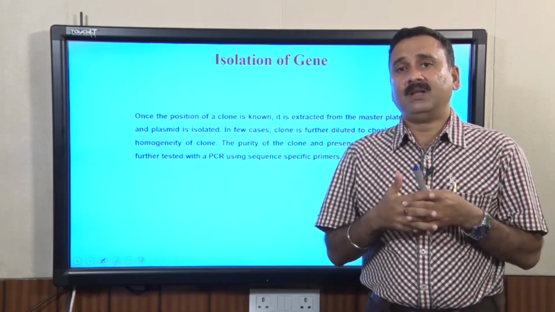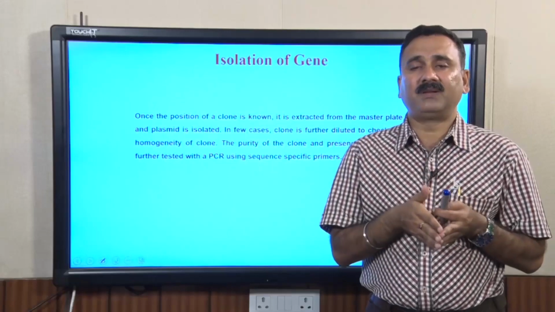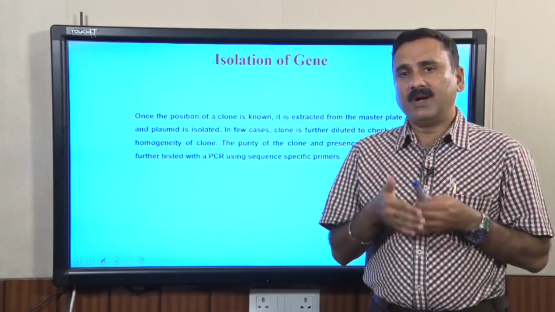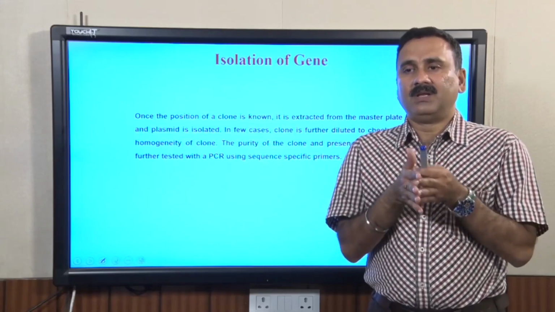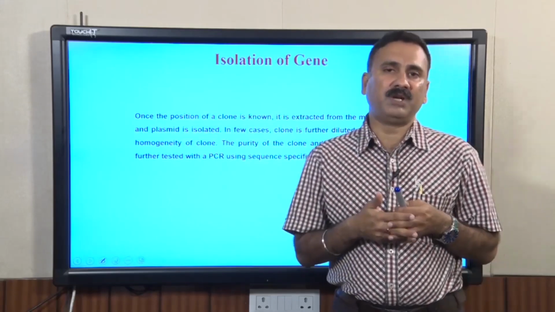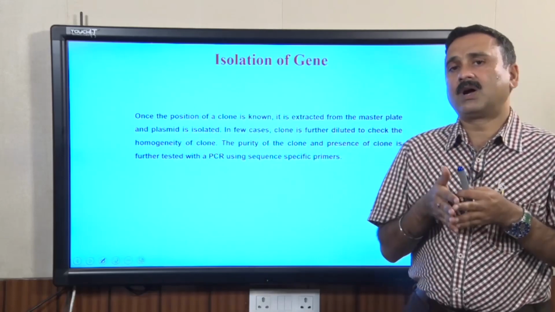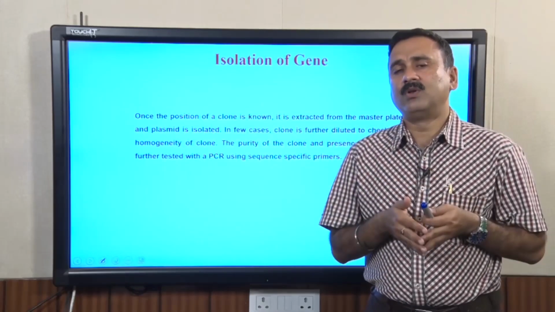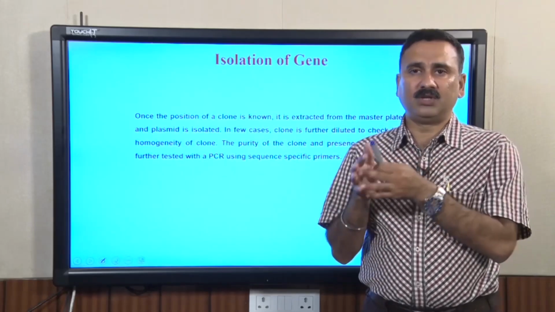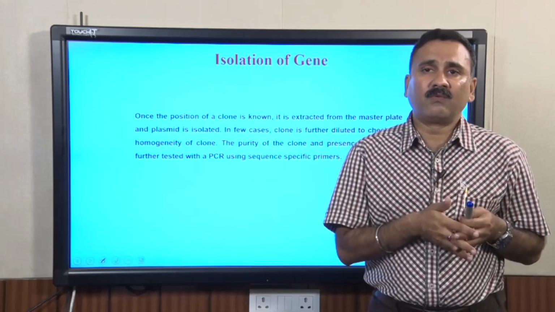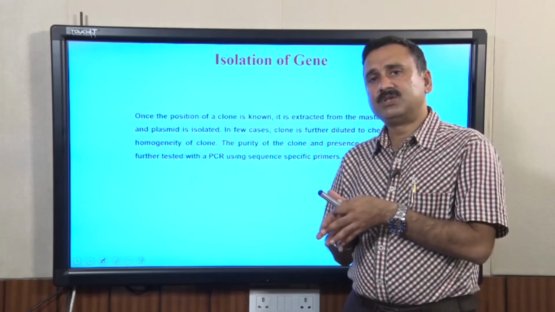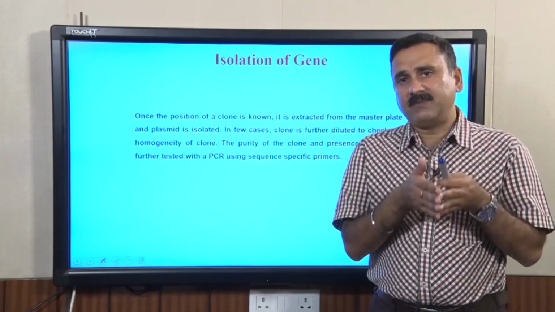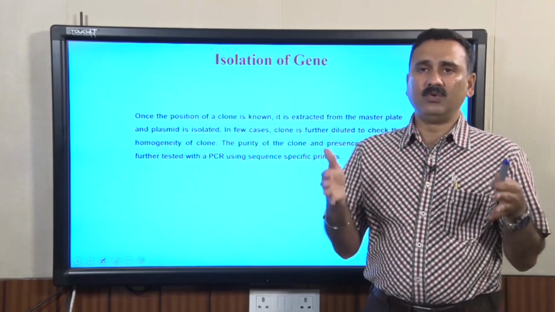And as I said in the past when we were discussing the genomic library, if you screen a genomic library, the success of getting the right clone depends on the number of clones you have prepared in the genomic library, or the number of clones which are representing your genomic content, as well as how that particular content is being distributed.